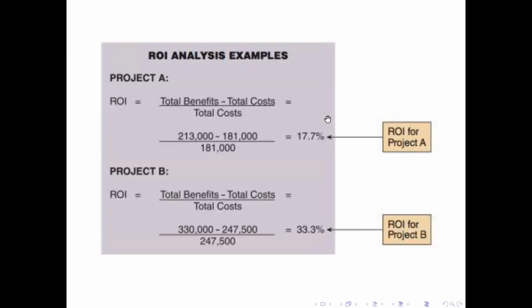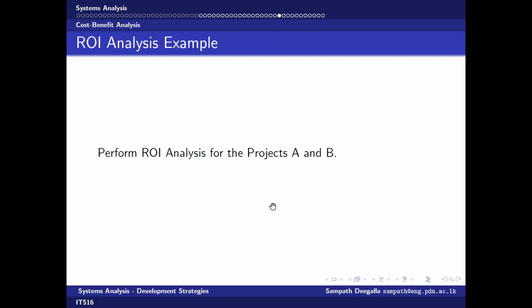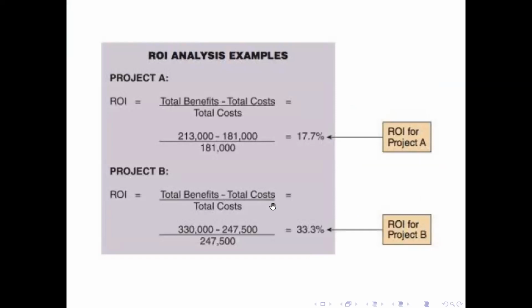Right? So this is what we are getting for the return on investment analysis. For project A, we are getting 17.7, and for project B, we are getting 33.3.